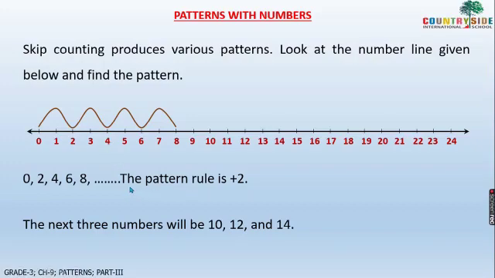So the pattern rule is plus 2, that means 2 numbers I am going ahead, from 0 to 2, then 2 to 4, so that's why it is plus 2. Understood children? When I am going back, it will be minus. But here I am going ahead 2 numbers, so it will be plus 2.